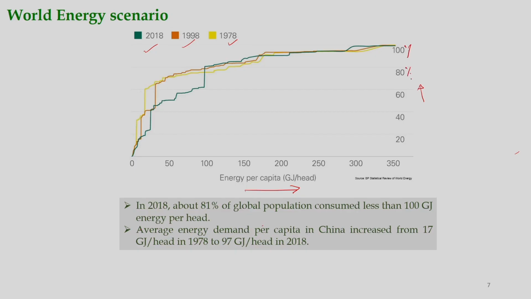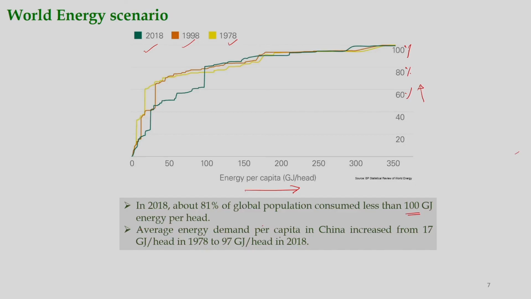In 2018 about 80% of the global population consumed less than 100 gigajoule per head, and the rest 20% consumes from 100 to 350 gigajoule per head. Okay. You can see the non-uniformity of utilization of energy.